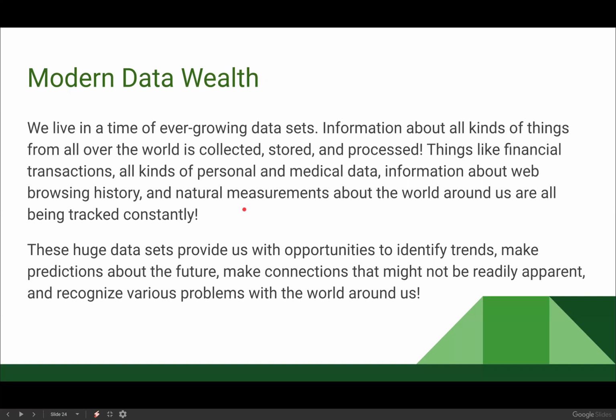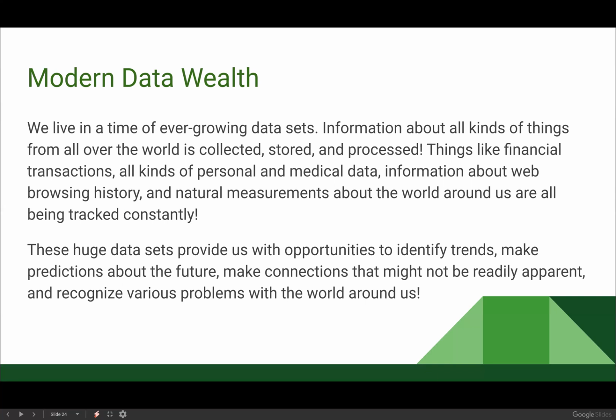And like I said earlier, we live in a time where data is everywhere. Our modern day, everything is becoming digital, so data sets are growing larger and larger every single day. There's information about all kinds of things from all over the world that's being collected, stored, and processed in various ways.